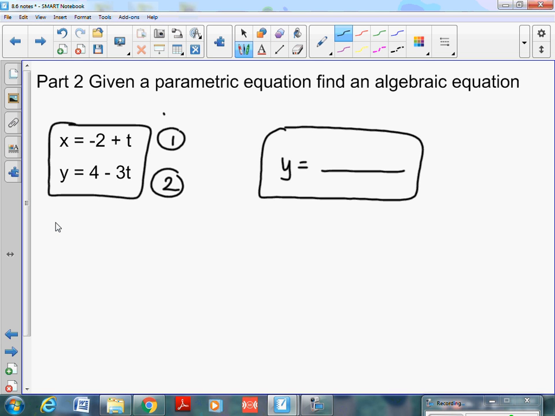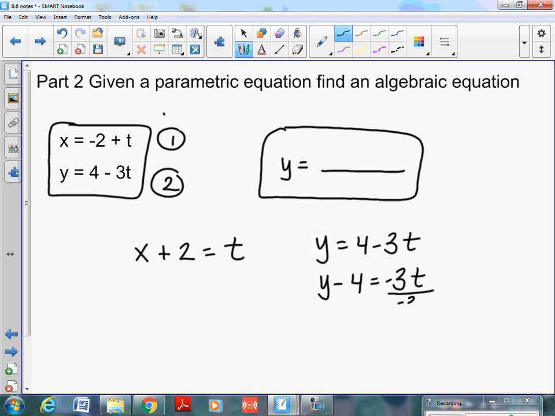So, in the first equation, doesn't x plus 2 equal t? All I did was add 2 to both sides. In the second one, it's going to take me longer. y equals 4 minus 3t. y minus 4 equals negative 3t. I'm going to divide everything by negative 3. So y minus 4 over negative 3 equals t.